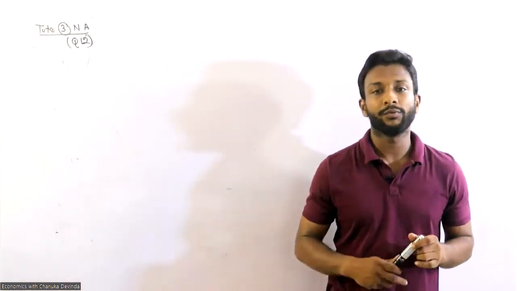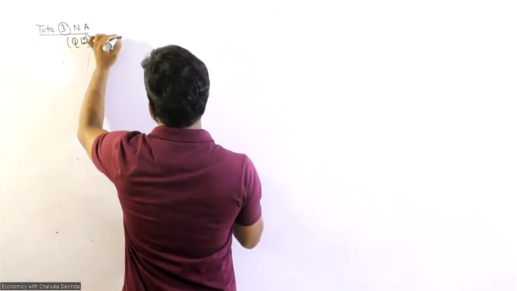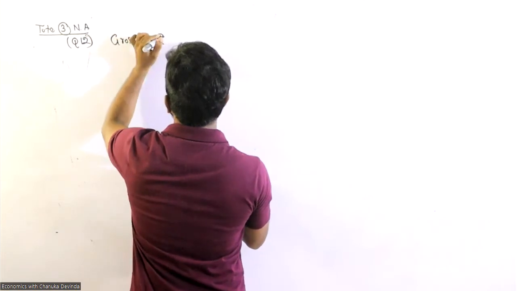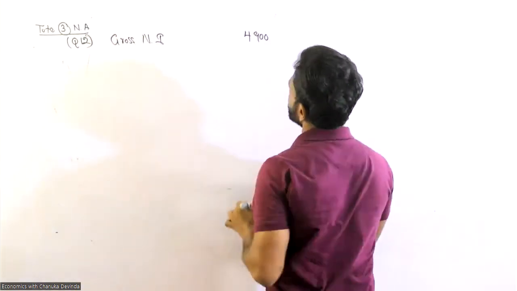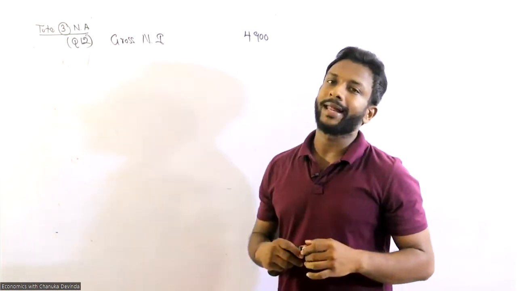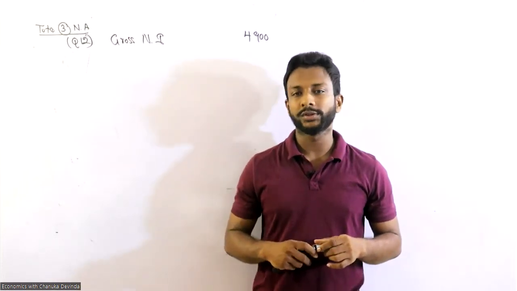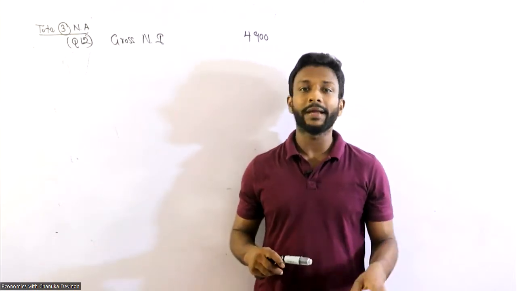To calculate C, household income, we need GNI, gross national income was 4,900. And to calculate household income or personal income, we need to remove some elements and we need to add few elements.